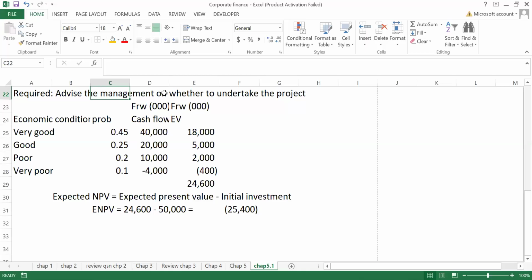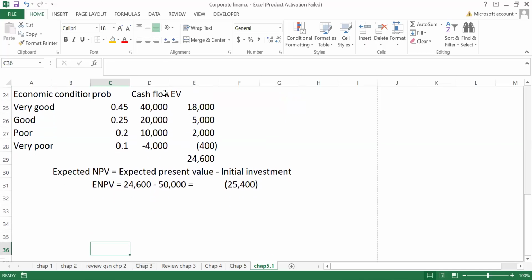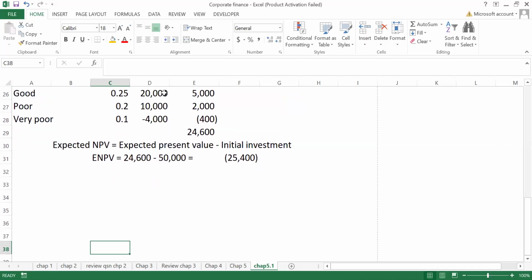I think you have seen that in your performance management, where you have to use a decision tree or a payoff table. Suppose you are evaluating a project which is more than 1 year.